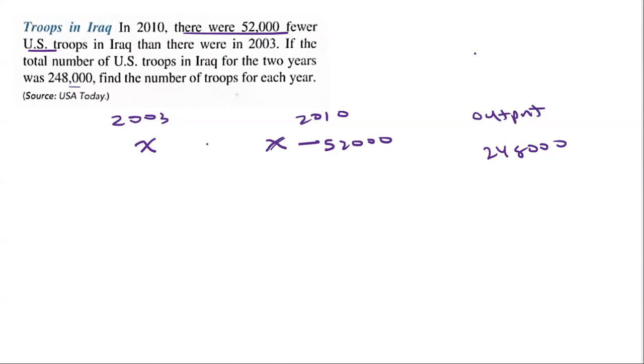Okay, and then we just add these up equal to 248,000. Then combine like terms. Combining these gives me 2x minus 52,000 equals 248,000.